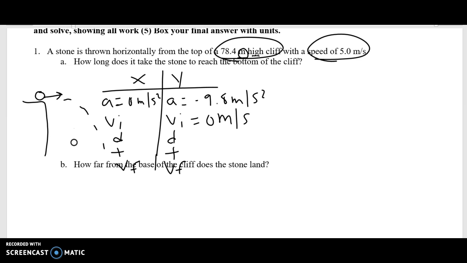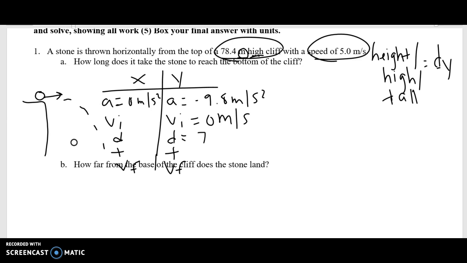Well, it references height. Anytime they reference height, or how high, we know that that is dy. It is vertical, because it's talking about how high someone is or how tall.